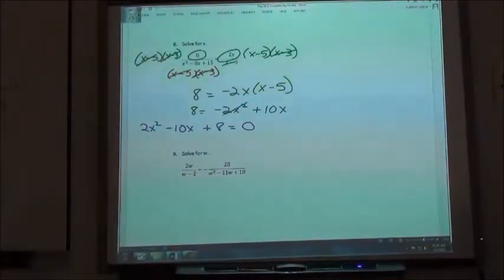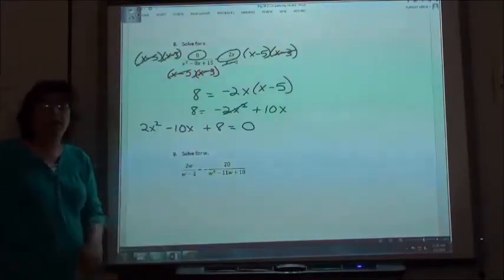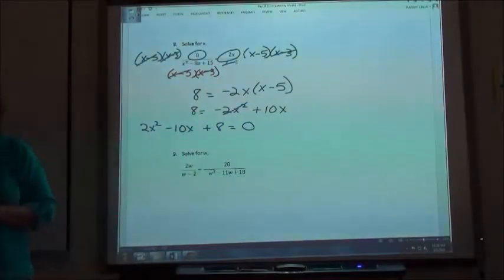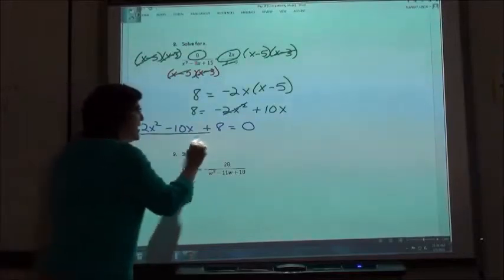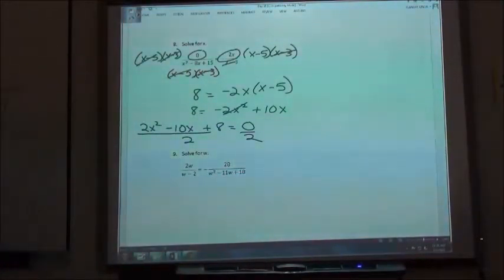Now, a nice little trick you can do on this one, instead of trying to go ahead and factor right away, is if you notice all of these terms are divisible by 2, you can simplify your expression. So I could go ahead and divide by 2 as my next step instead of trying to factor.